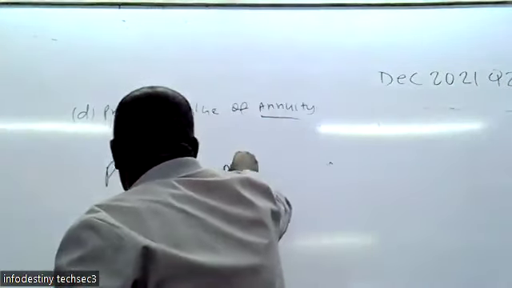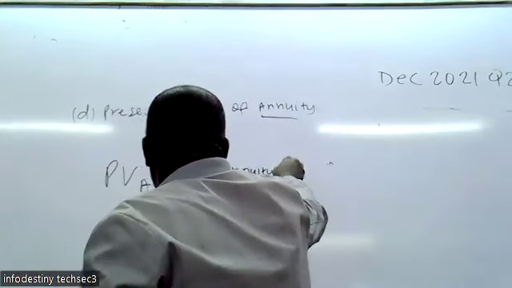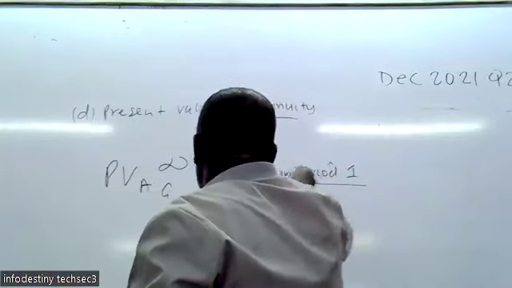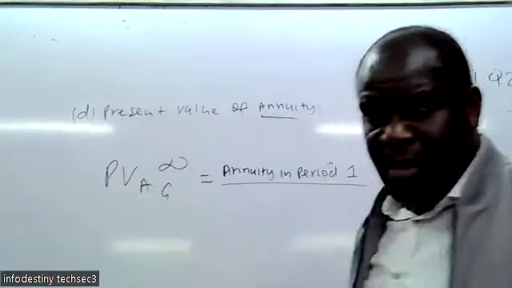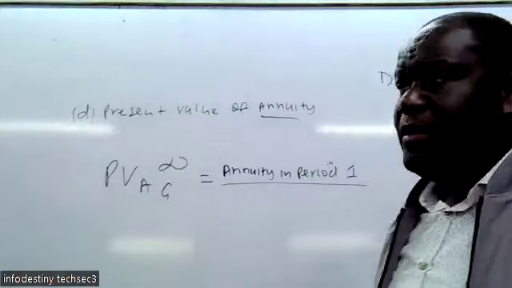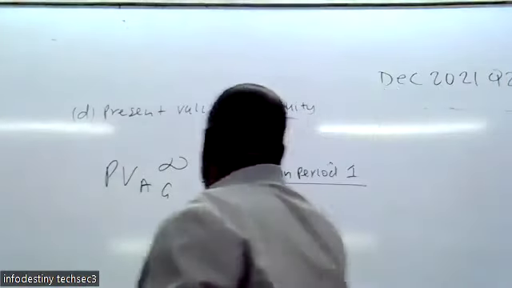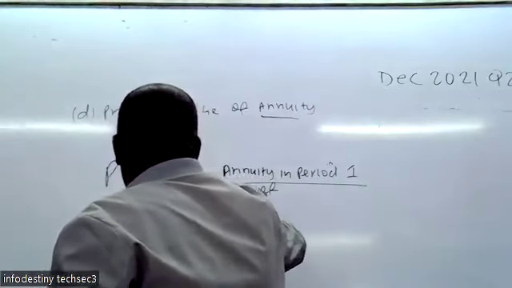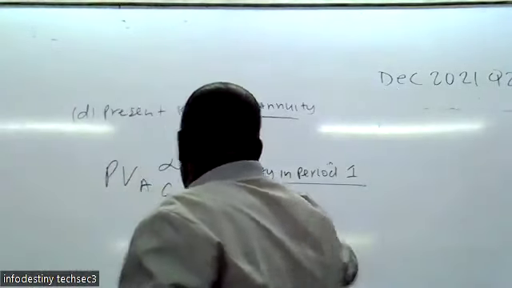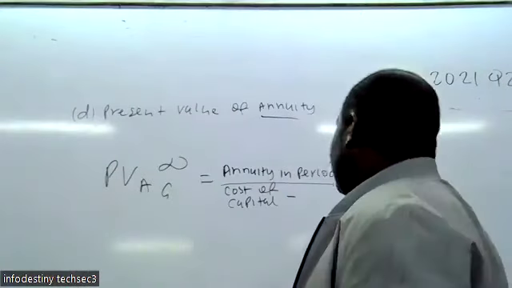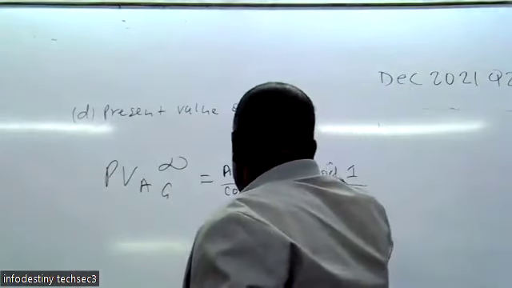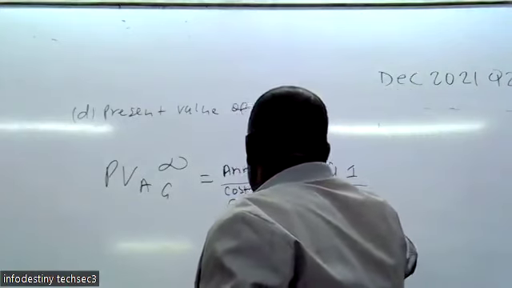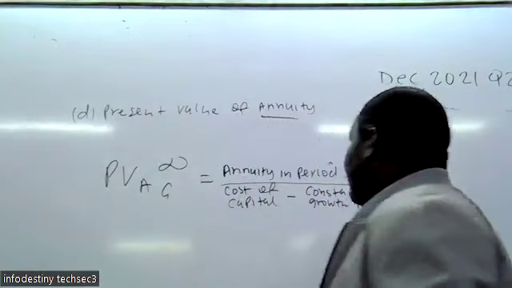Annuity in period 1. Then we divide by the cost of capital. Then we subtract the constant growth rate.